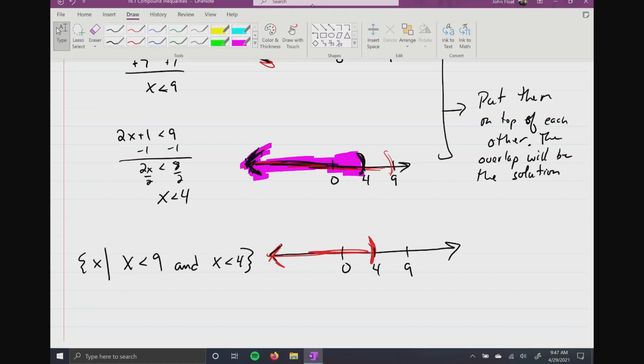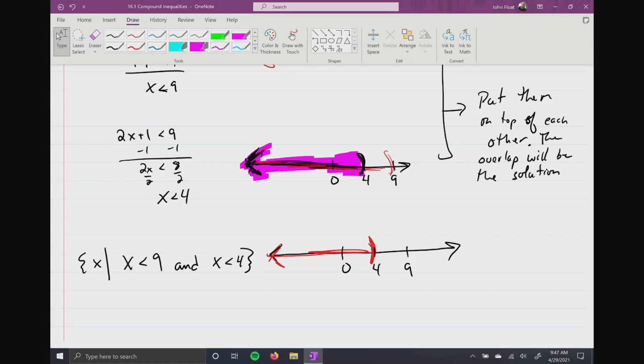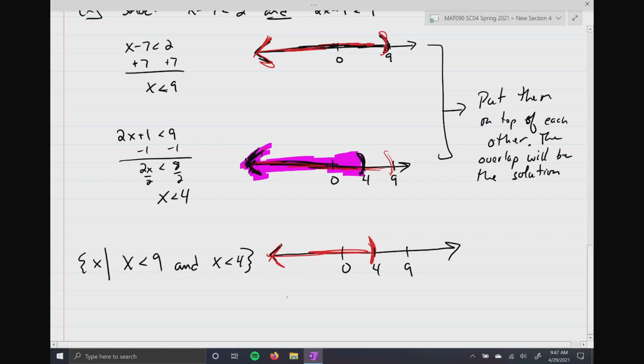Okay? So what you're looking for is the overlap. All those values in the shaded region of the last number line will satisfy both equations. It's real simple to check.